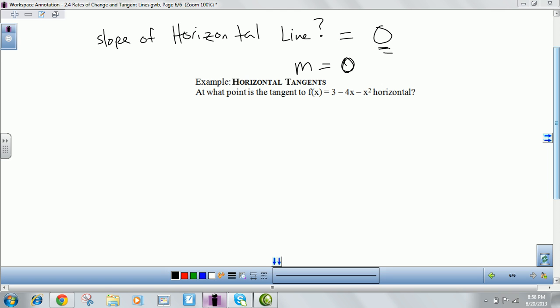So the first thing we need to do is find the general equation for the slope. So what that means is we don't have an x value. So it's just going to be the limit as h approaches 0.